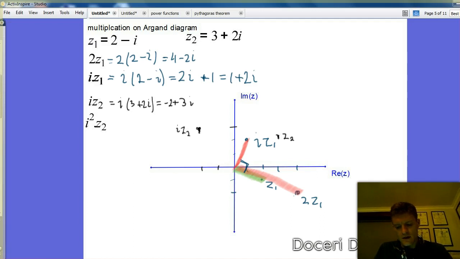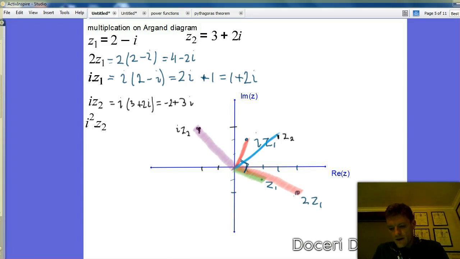That's iz2. Alright, now I'm going to draw those two lines in. First here in a different color, maybe blue, is z2. Now here is iz2. And what's the relationship between those two lines, the purple line and the blue line?